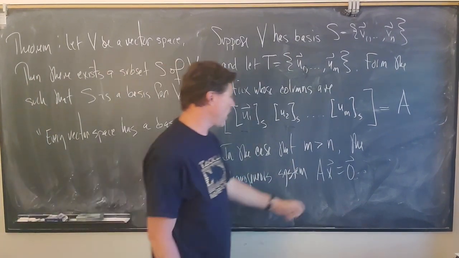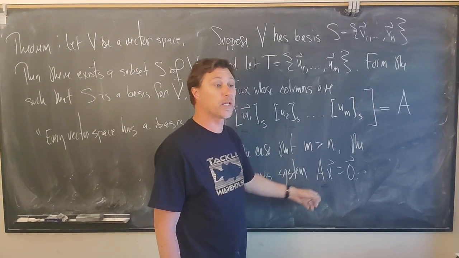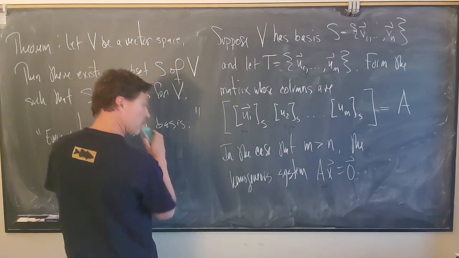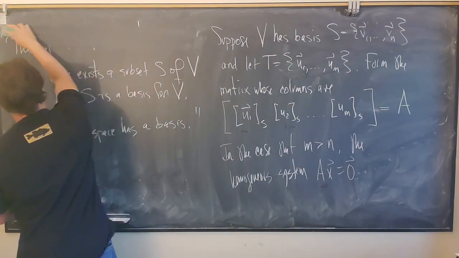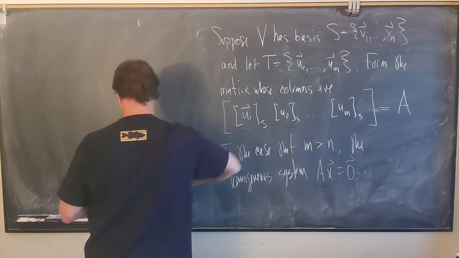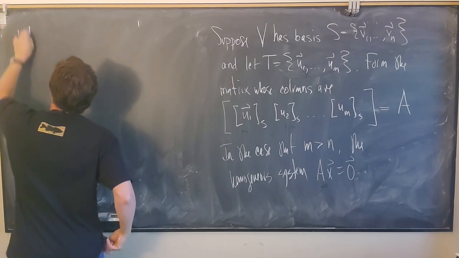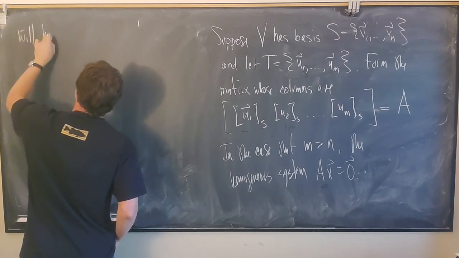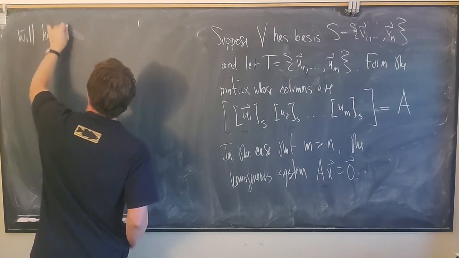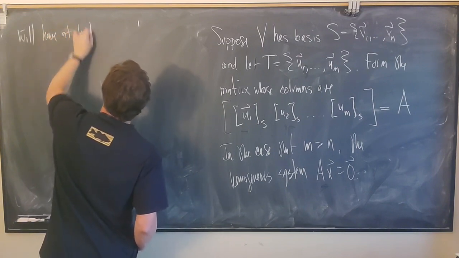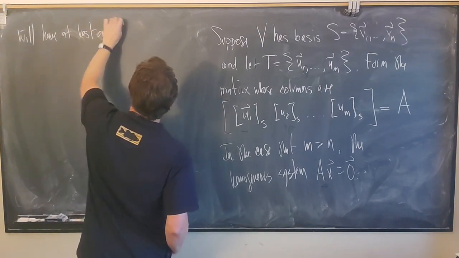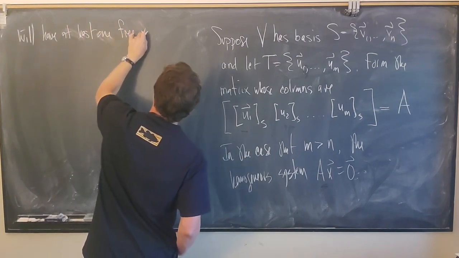We will have at least one free variable because we've got more columns than we have rows.